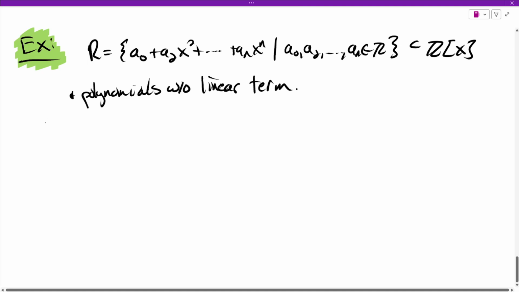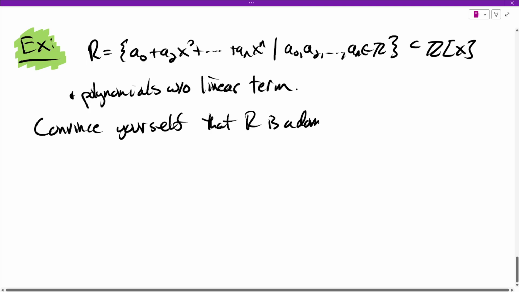You should be able to, at this point, convince yourself using the subring test, and that's what it means when I say convince yourself, that R is a domain. It's a straightforward application of the subring test, and if you ever find yourself asking the question, do I have to do it?